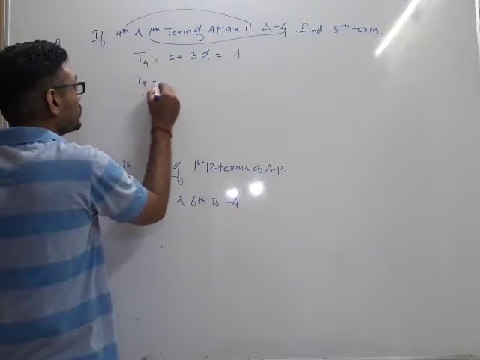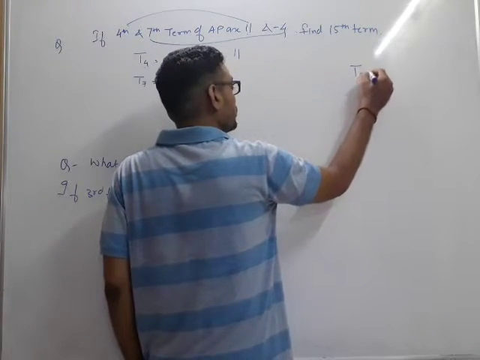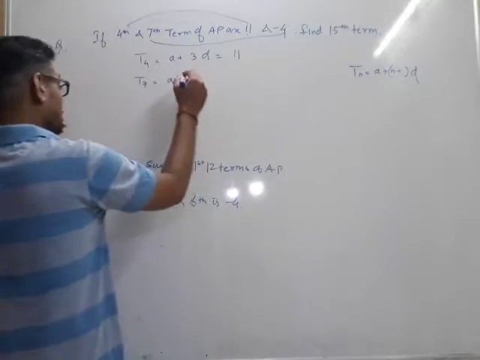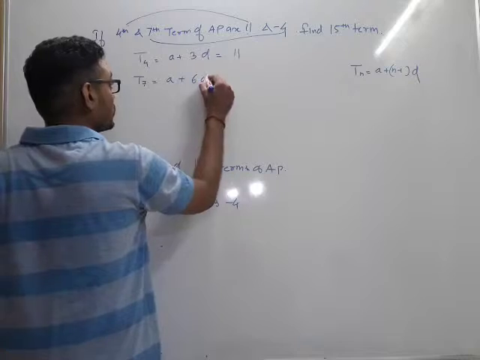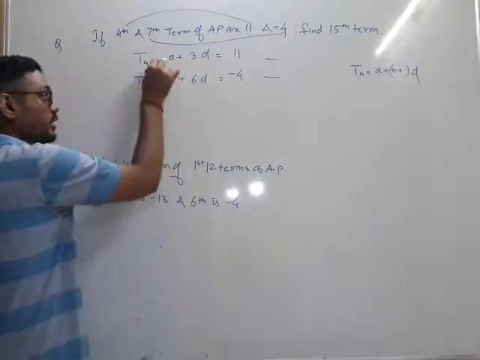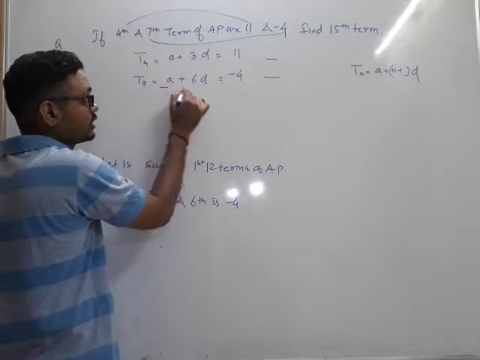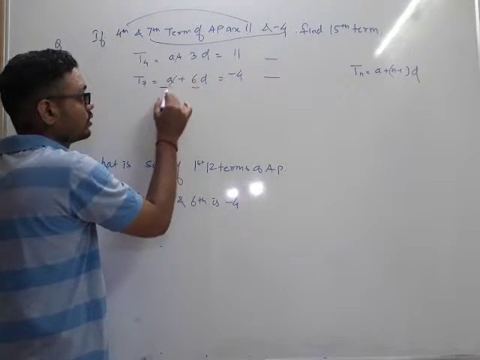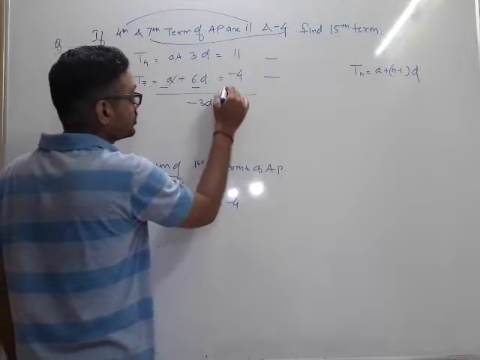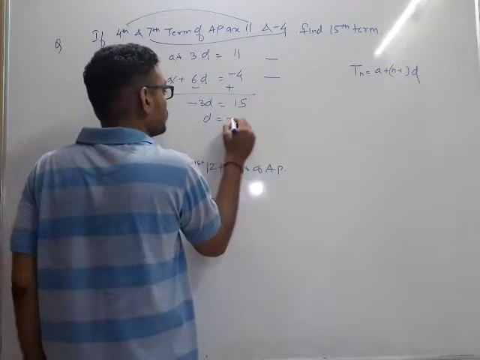So T7 is a plus, because what is the formula for Tn? a plus n minus 1 into d. a plus 7 minus 1 is 6d, given as minus 4. a is there, you equate this, we will get d, subtract it, this is gone. What do we get? Minus 3d is 15, so d is minus 5.